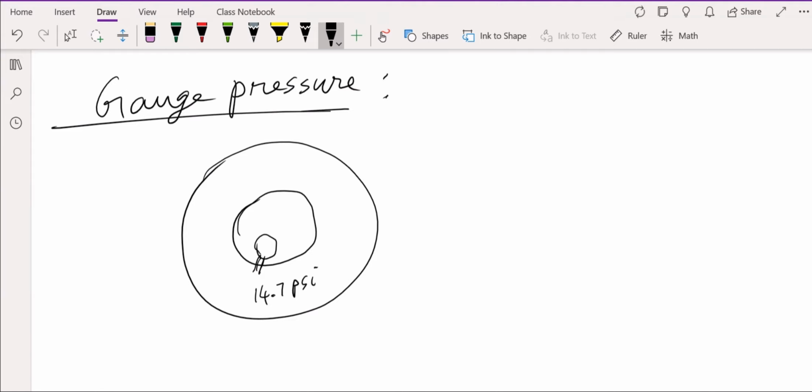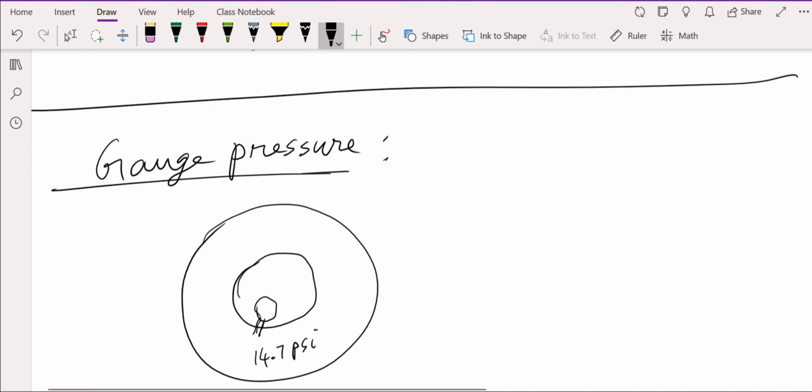Because there is air. It's not vacuum, right? The tire is cut, but there is air still inside. Then why is our pressure gauge not reading it? Because the gauges only read the pressure difference between the inside and outside.